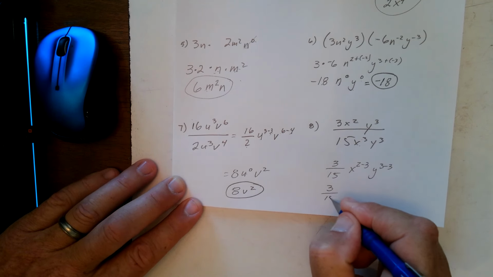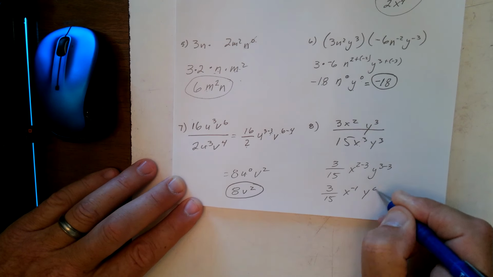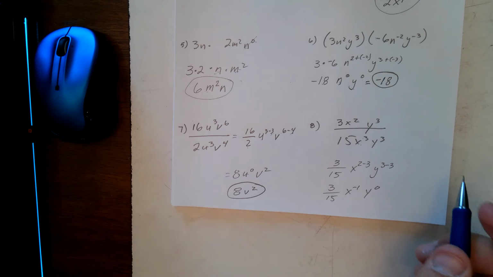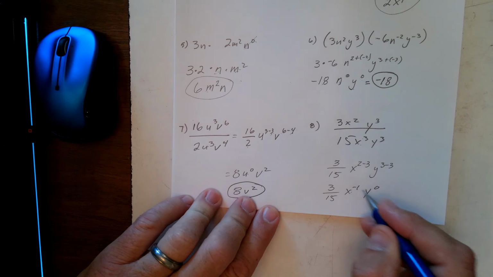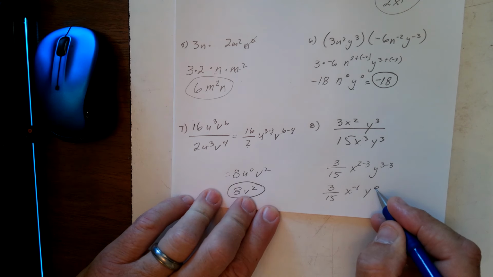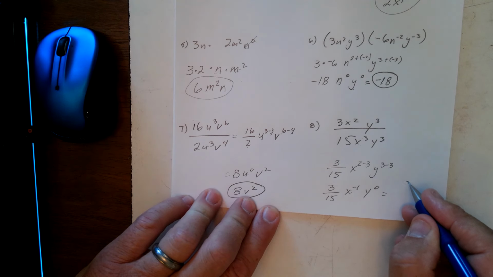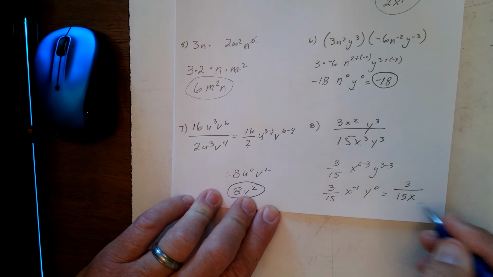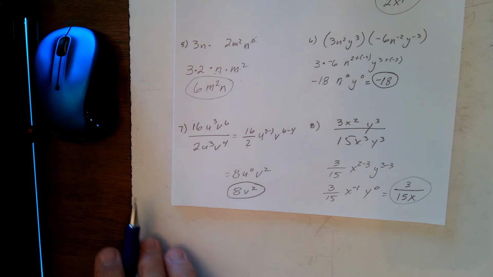That's 3/15 x to the negative 1, y to the 0. What do you do with the negative exponent? Put it in the denominator. What do you do with y to the 0 power? It becomes 1. So my answer to that problem becomes 3 over 15x.